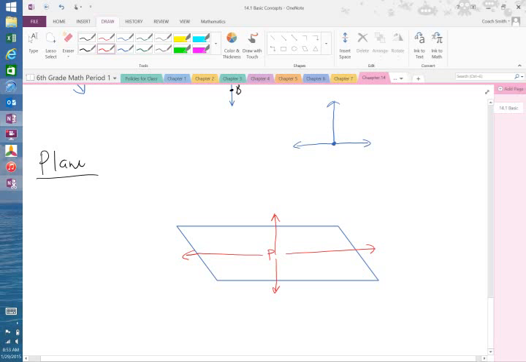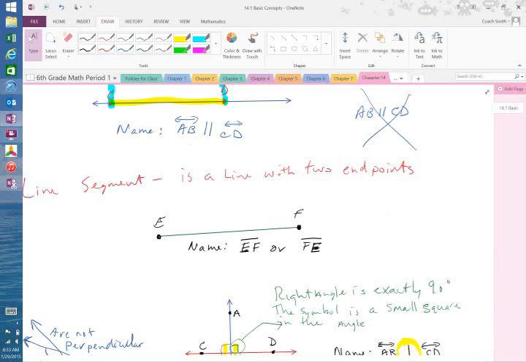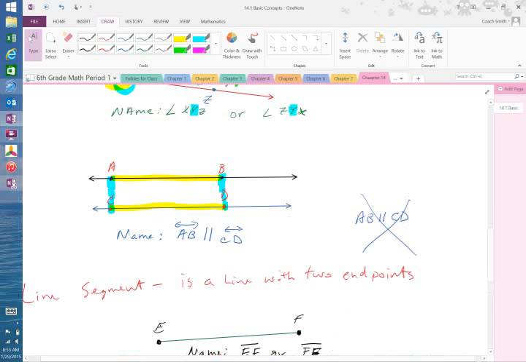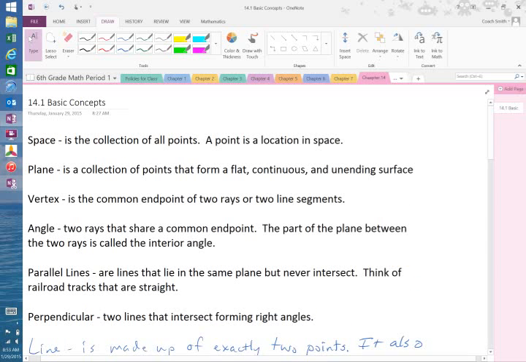And realistically, I'm going to add a piece to this plane.